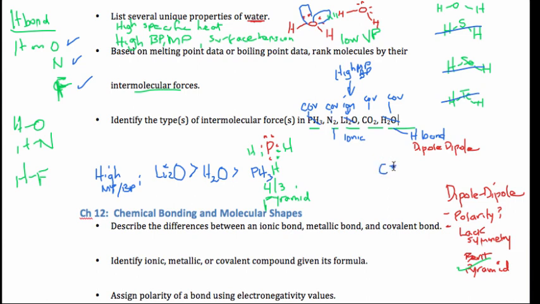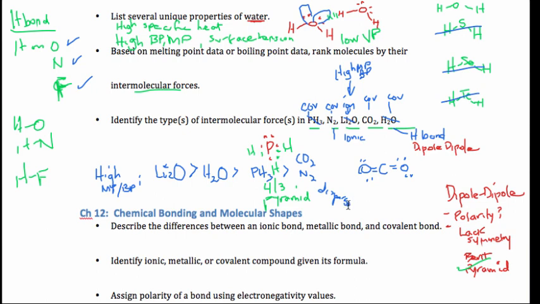Okay, it ends up being like this. It's double bonded on each side, but it doesn't lack symmetry. So it ends up being nonpolar, and it will be equivalent to N2 in that it has dispersion forces only. Okay? Dispersion only.